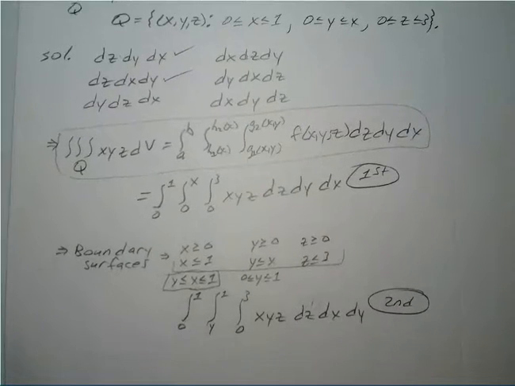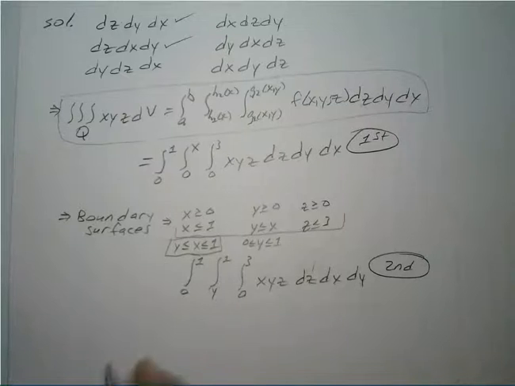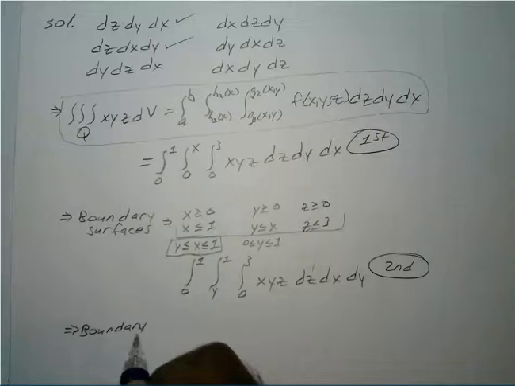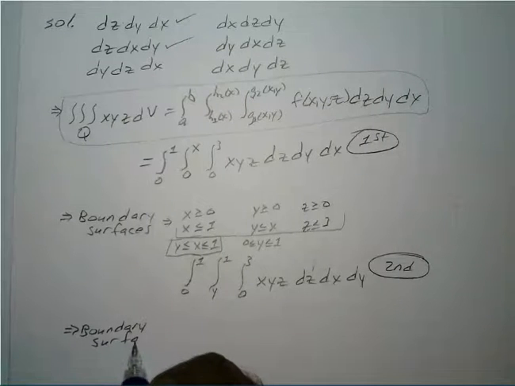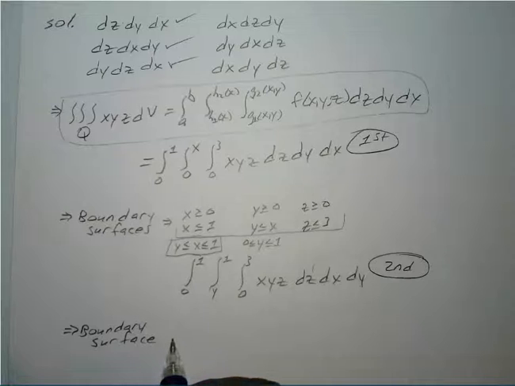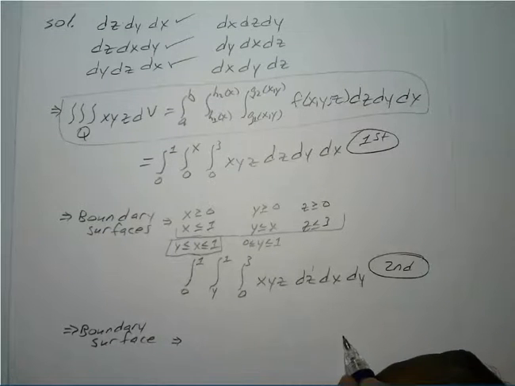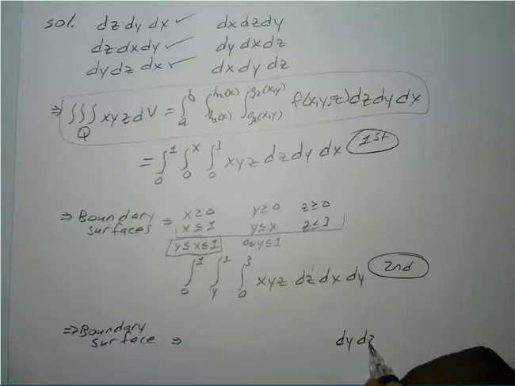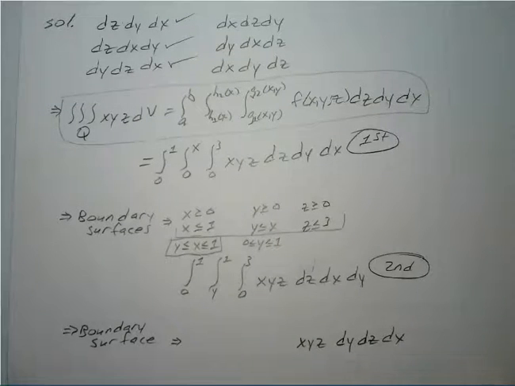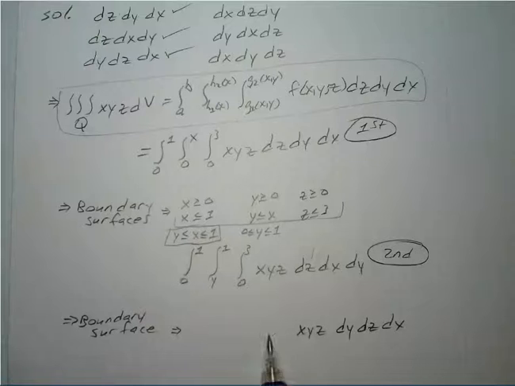Now we're going to look at our third boundary surface. We'll do the dy, dz, dx. Go ahead and check that off. So we have dy, dz, dx of x, y, z. Now we just have to figure out our boundary surface for our integral.